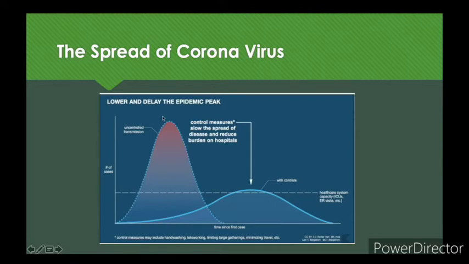So what is the relationship between the spread of coronavirus curve and our material today? We are going to focus on the shape of the curve. The shape of the curve, the bell shape here, is the shape of the normal distribution curve.